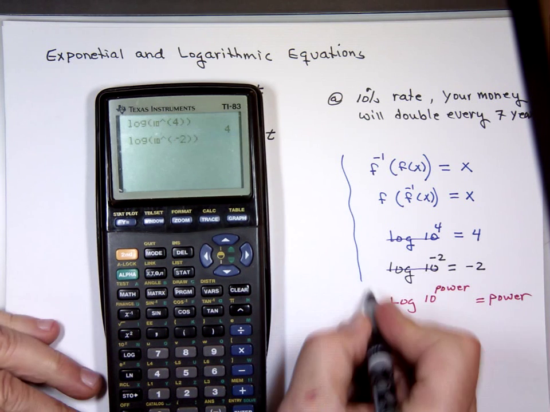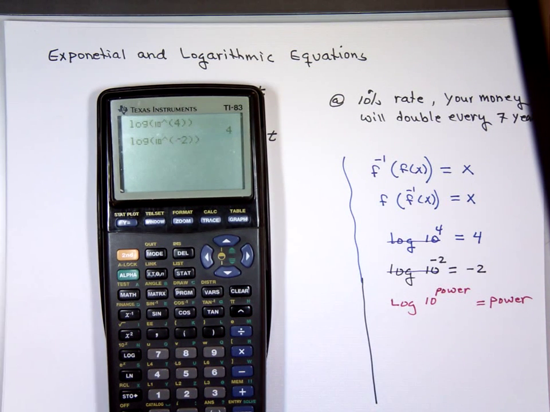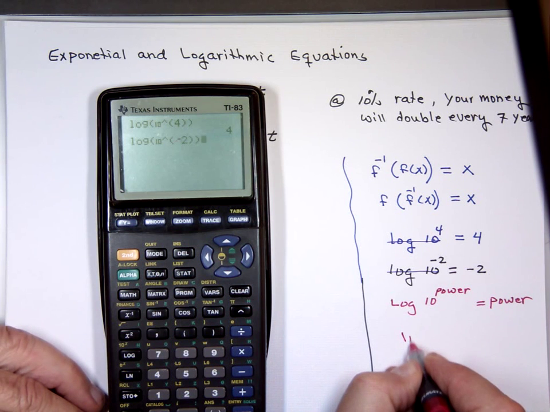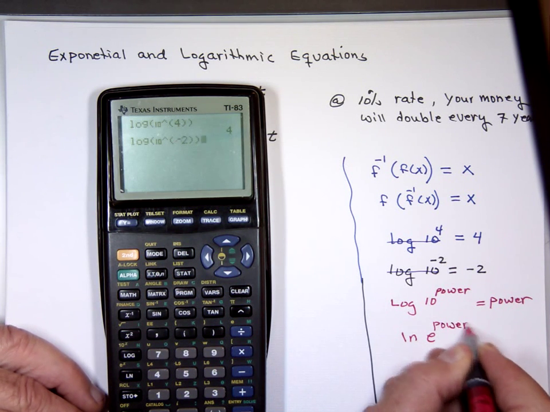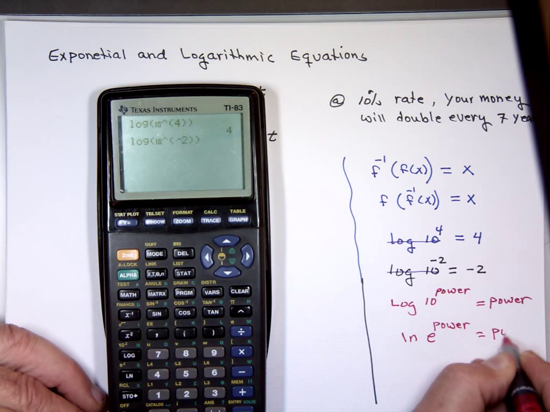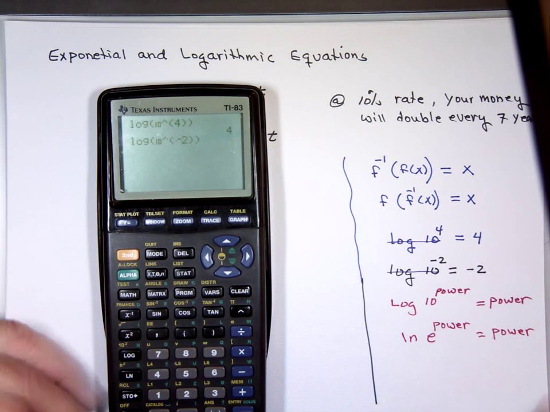And the same rule, we can test it with the natural log. You will find that the natural log of e to any power is just the power, because e and the natural log are the inverse of each other. They will cancel each other out.